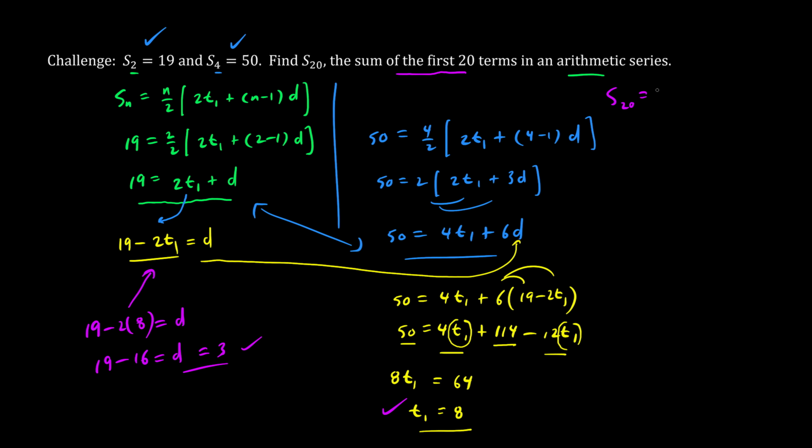S20 is equals to n over 2, 2t1 plus n minus 1d, and n happens to be 20. So we have 20 over 2, 2 times t1, which happens to be 8, plus n, which is 20, minus 1d, and our d value is 3.